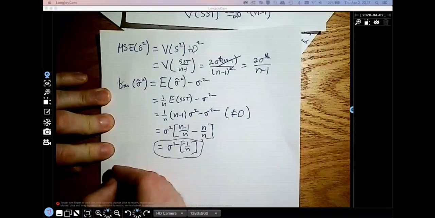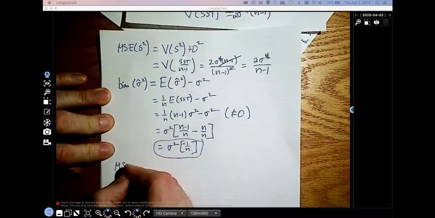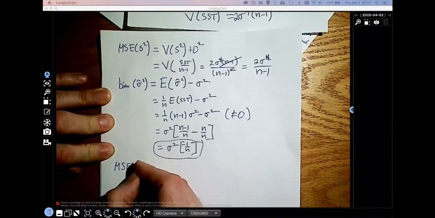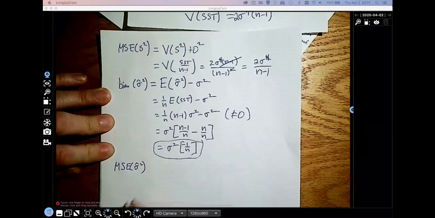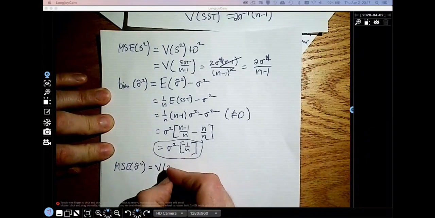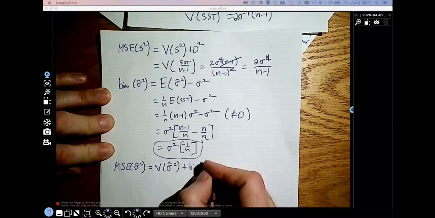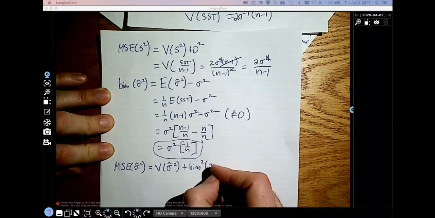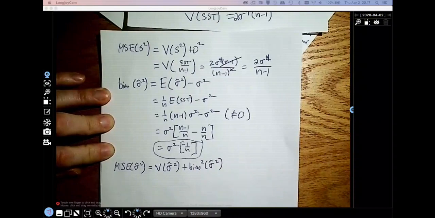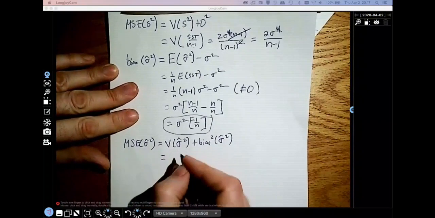So now we need our mean squared error. What is the mean squared error of sigma hat squared? This is just going to be the variance of sigma hat squared plus the bias squared of sigma hat squared. So what is this?